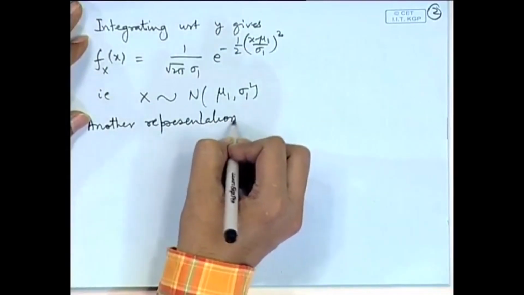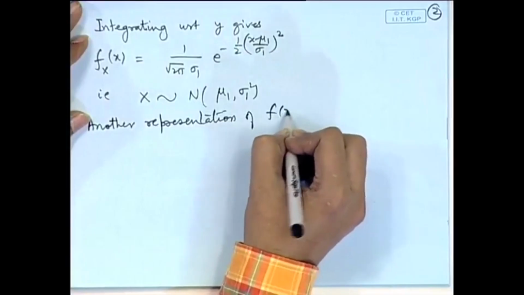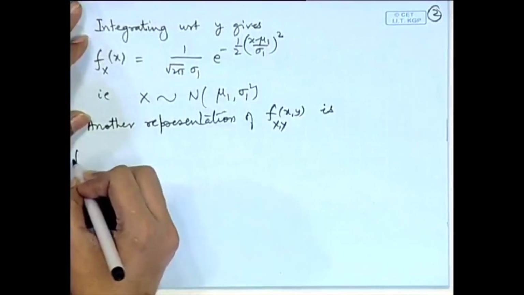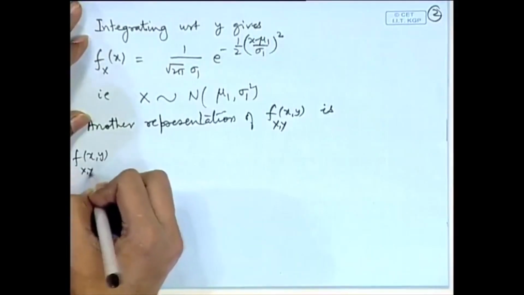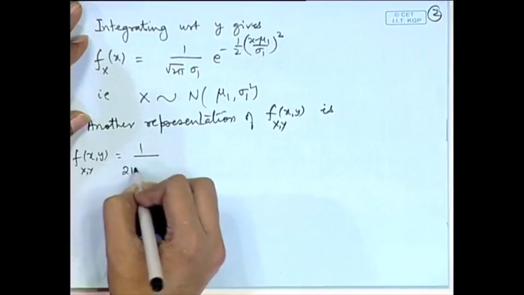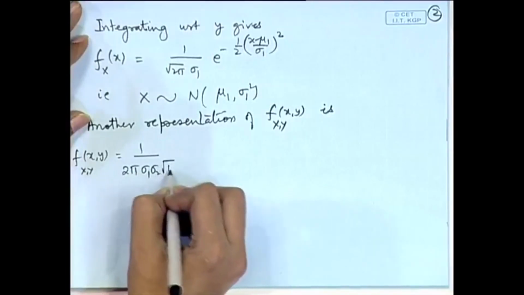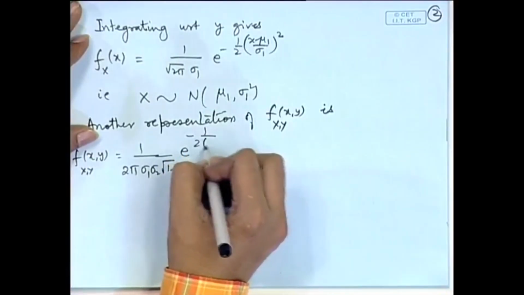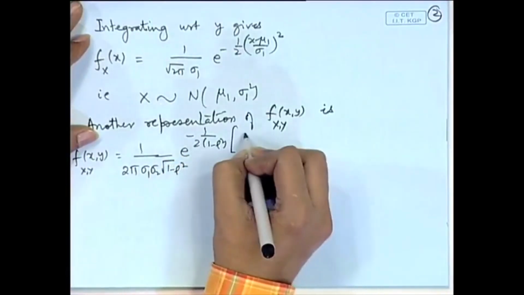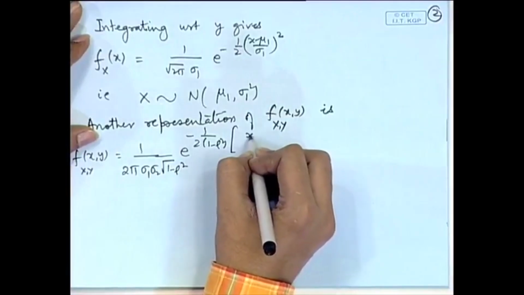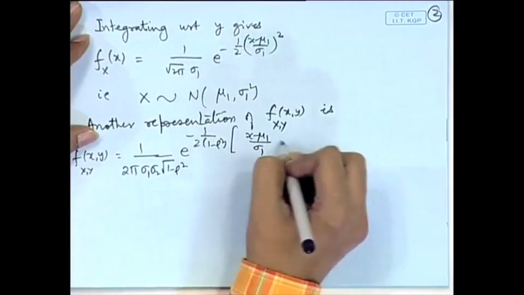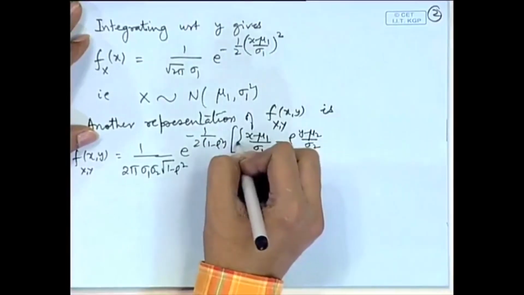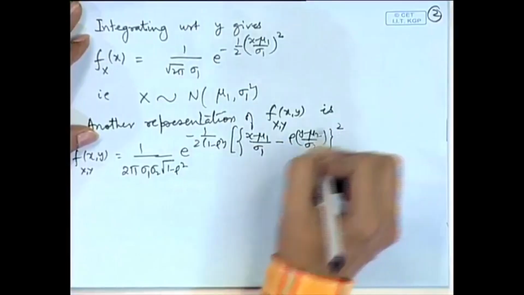Another representation of f(x, y) can be 1 by 2 pi sigma 1 sigma 2 root 1 minus rho square, e to the power minus 1 by 2(1 minus rho square), and now I make a square with respect to x: ((x minus mu 1) by sigma 1 minus rho (y minus mu 2) by sigma 2) whole square.